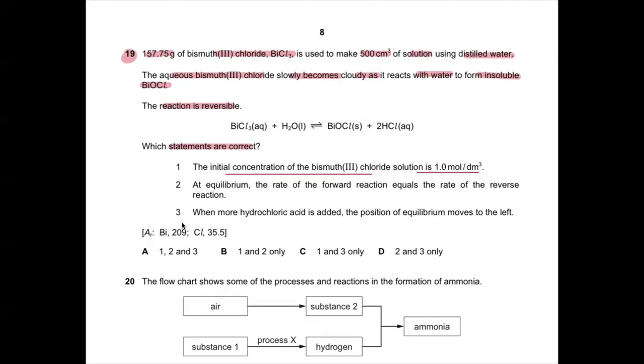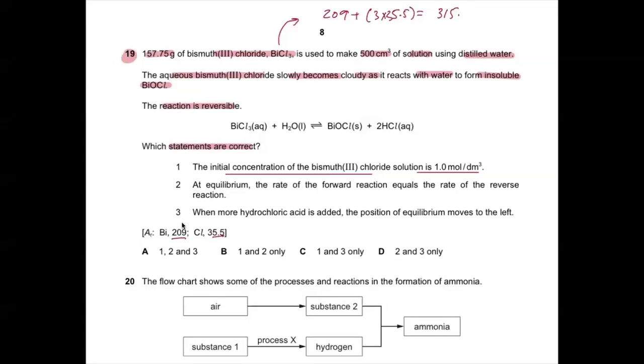Okay, so we can calculate the Mr. The Mr of BiCl3 is going to be 209 plus 3 times 35.5. Can anyone calculate it? We will get the moles. So it is 71 and 71, 106, so 106 and 209. The Mr is 315.5?